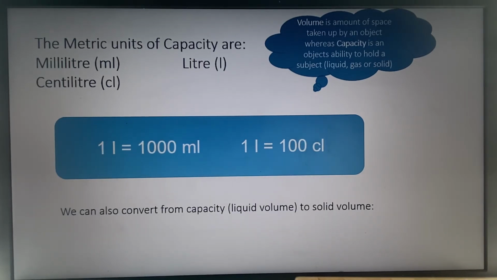And we can also convert from that capacity to solid volume. 1 millilitre we can express as 1 cubic centimetre, which means we can actually convert from cubic centimetres to millilitres to litres as well. If we think a litre is 1000 millilitres, and that is 1000 cubic centimetres. It's a 1-for-1 ratio there from millilitres to cubic centimetres.